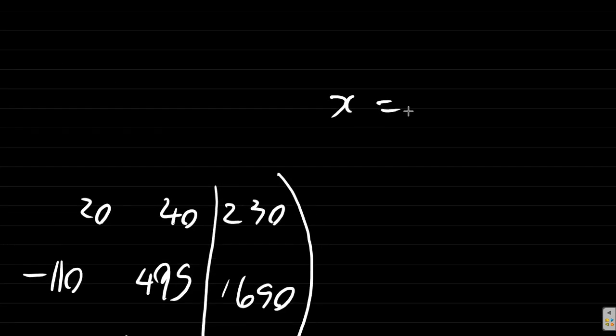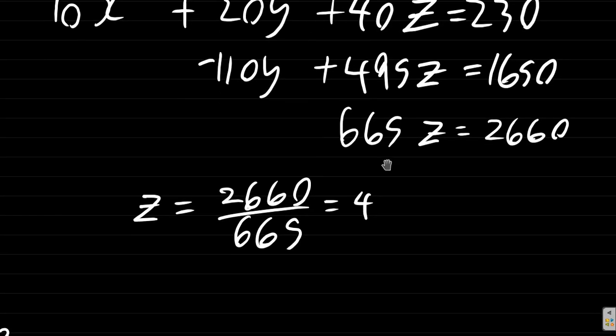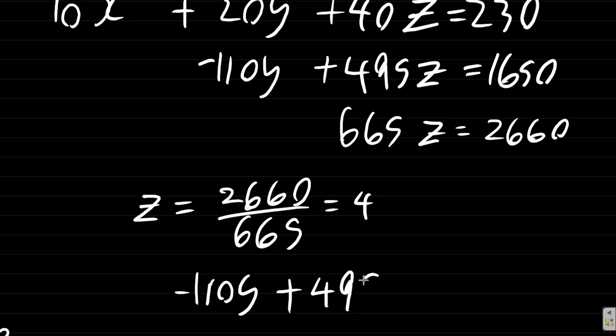We want to know x equal, y equal, z equal. We know that z is equal to 4 already. Now that we know that z is 4, we can look at this and deal with it. Right? Negative 110y plus 495z equal 1650. But 495 by z means 495 by 4, because z is 4.